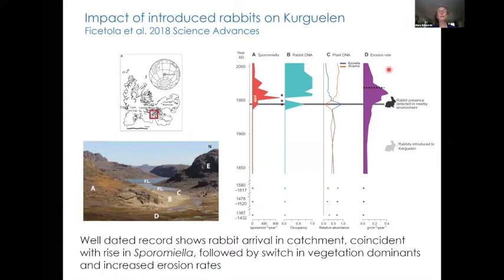Also other elements of grazing such as Sporormiella spores, and then looking at the composition of plant DNA and the erosion rate. And one can see very clearly exactly when the rabbits arrived and the major switch in dominant vegetation types, or the species dominant in the vegetation, that was consequent upon the rabbits arriving, and also how the erosion rates peaked when the rabbits arrived. So one can actually document the consequences and the time pattern of how an invasive species, in this case, has an impact on an ecosystem.